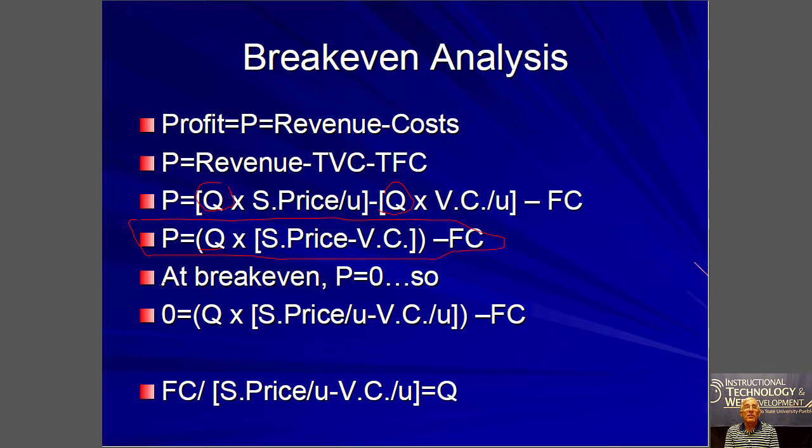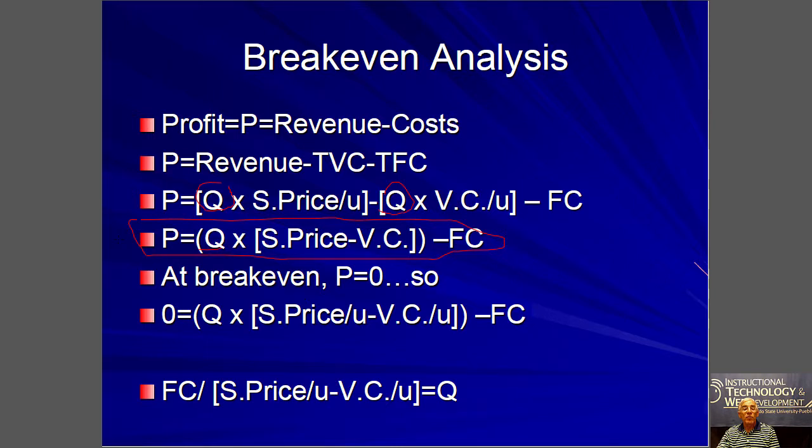Now, if you remember from management accounting, you might have learned about break-even analysis. The formula didn't look like the one I just circled. It looked a little different, and let me show you how they got that. If you were doing break-even analysis, at break-even, profit equals 0.